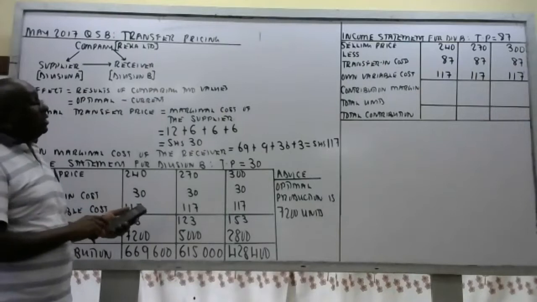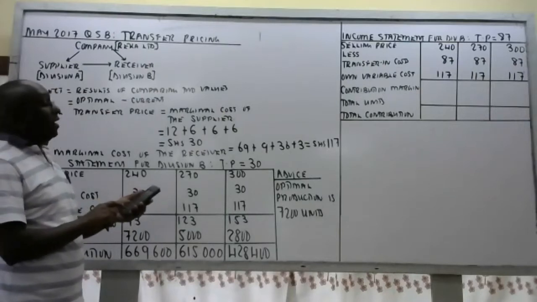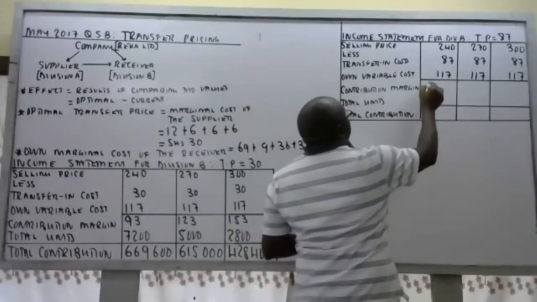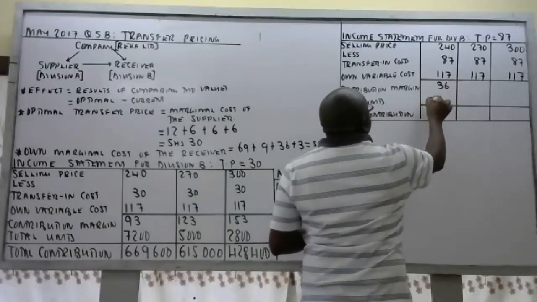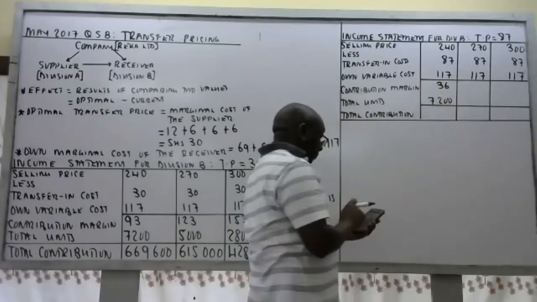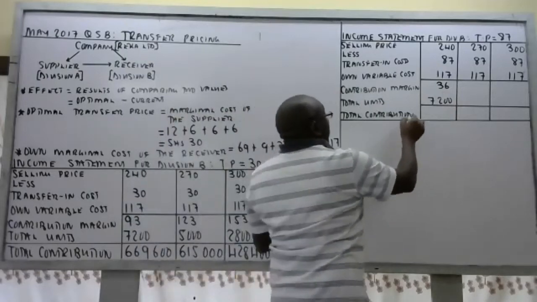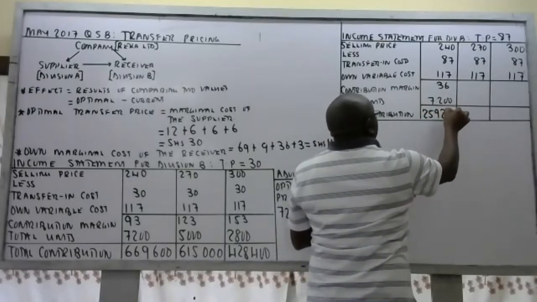So we get the margins, 240 minus 87 minus 117 is 36, and the units are 7,200. So multiplied by 7,200, it is 259,200.